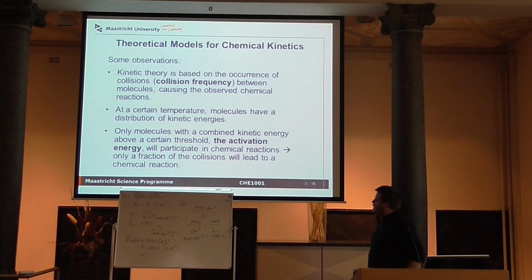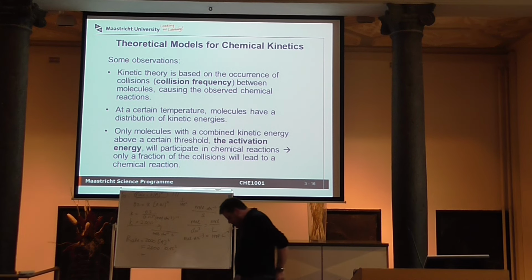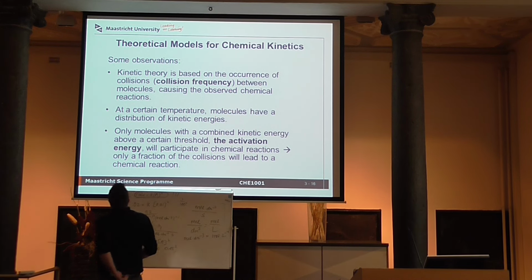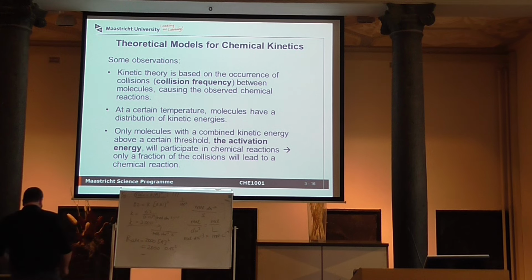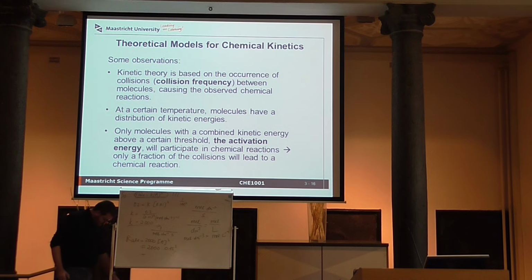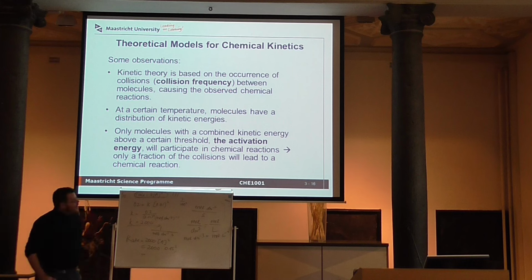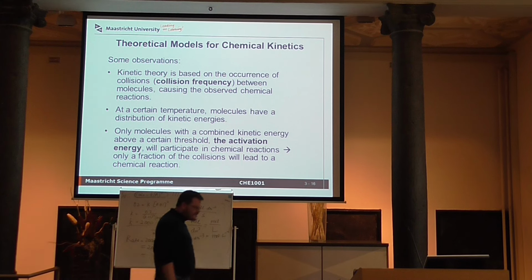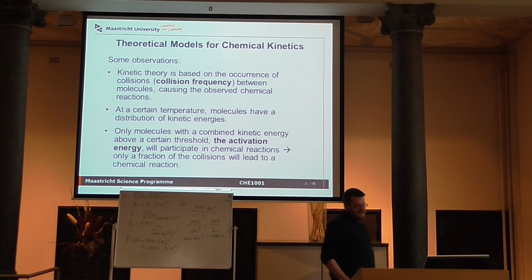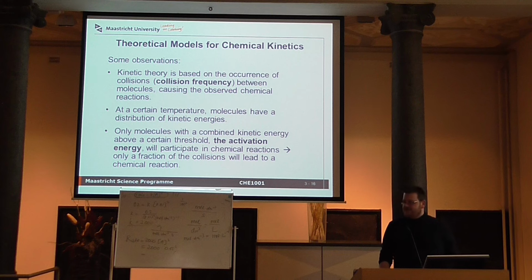What I want to just talk about now is collision theory, theoretical models of chemical kinetics. What this is all basically about is, as you can see there, it is based on the occurrence of collisions, a so-called collision frequency, between molecules causing a reaction.